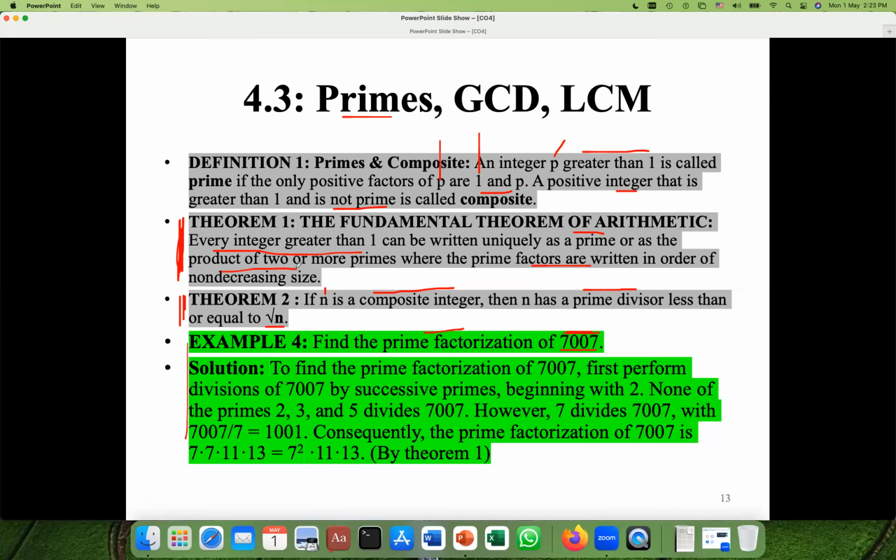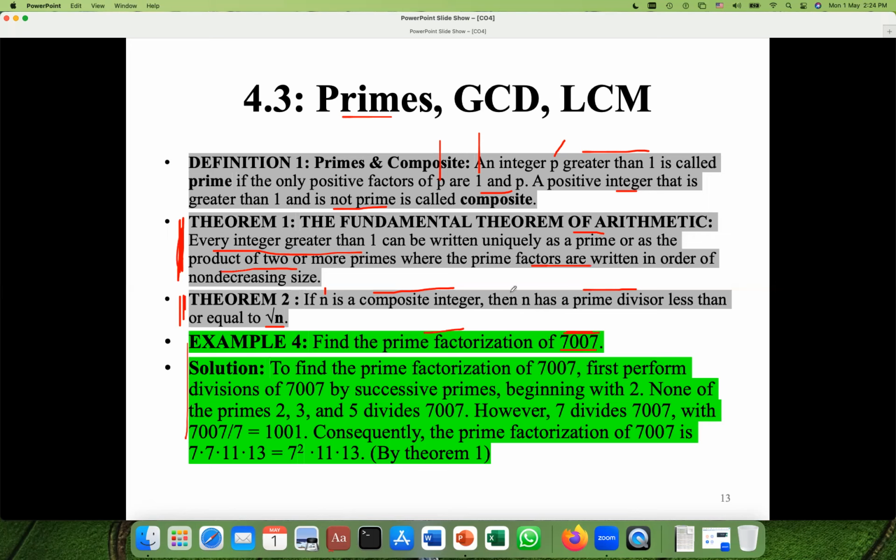Non-decreasing means ascending, increasing order. You have to start from a small number and go up to greater numbers. So you start with 2, then 3, then 4, then 5, and so on, and then you check whether that number is divisible or not.